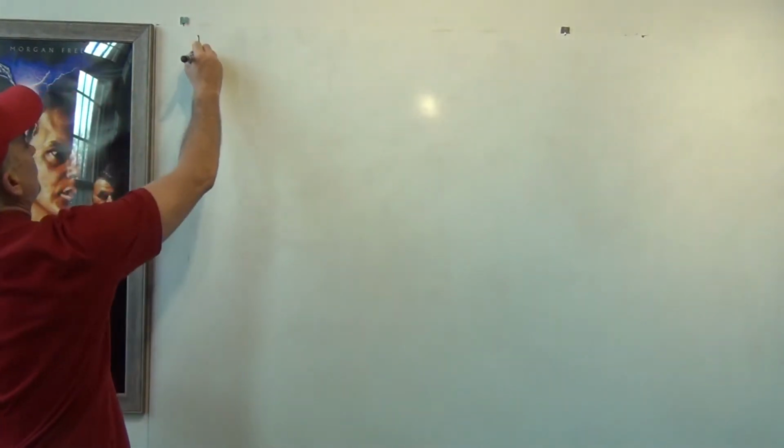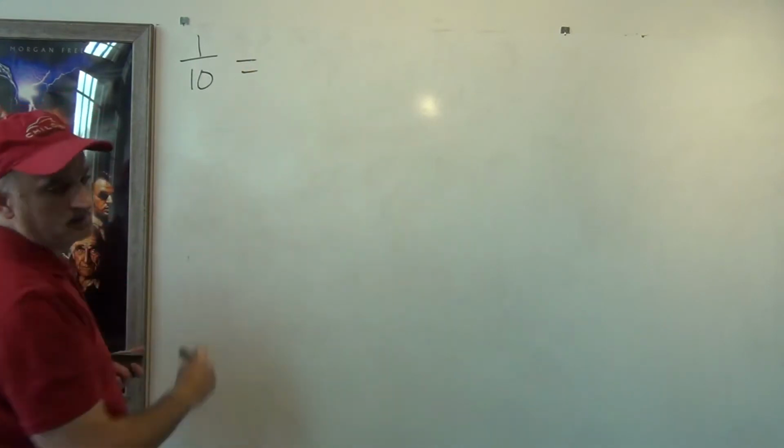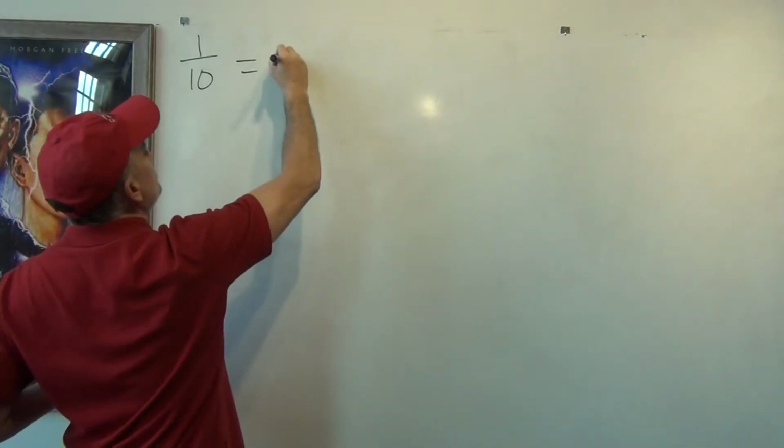All right, so let's take a look at some simple fractions and look at the decimal form of each and see if we can pick up on any kind of patterns. Let's start with 1/10. 1/10 equals 0.1.